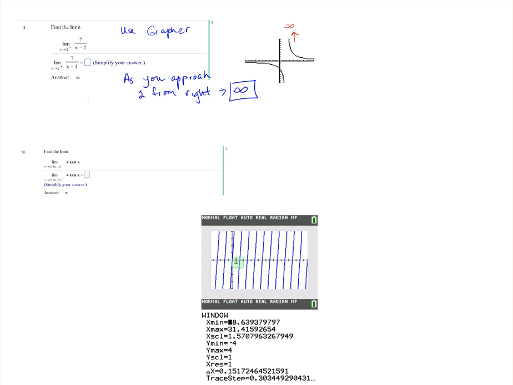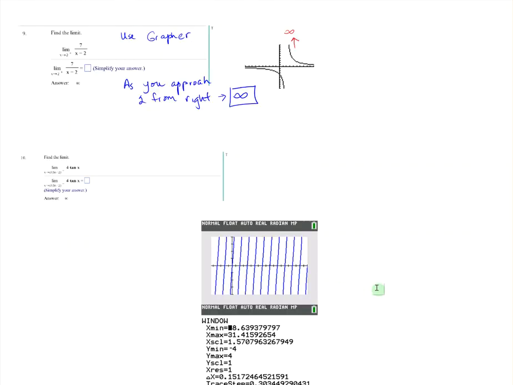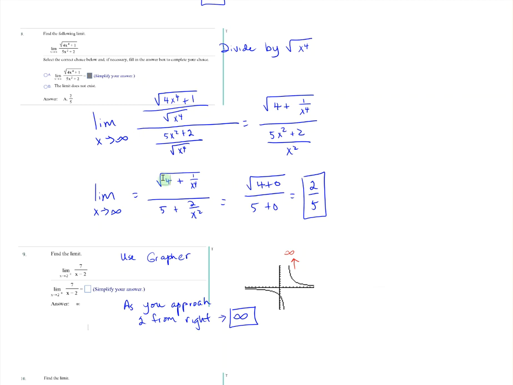Well, you can tell as you go toward any of them, where are they going? They're going to infinity. So even if you come in from the left, they're going to infinity. So you should be able to see that on your calculator. And that should get us through 2.6.